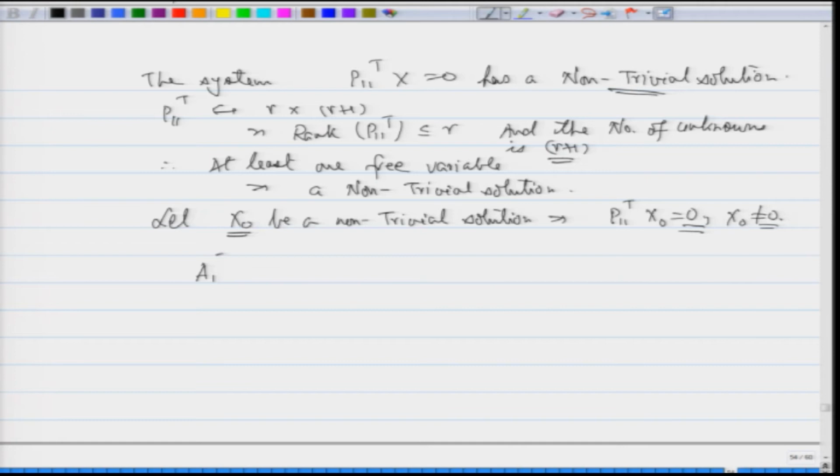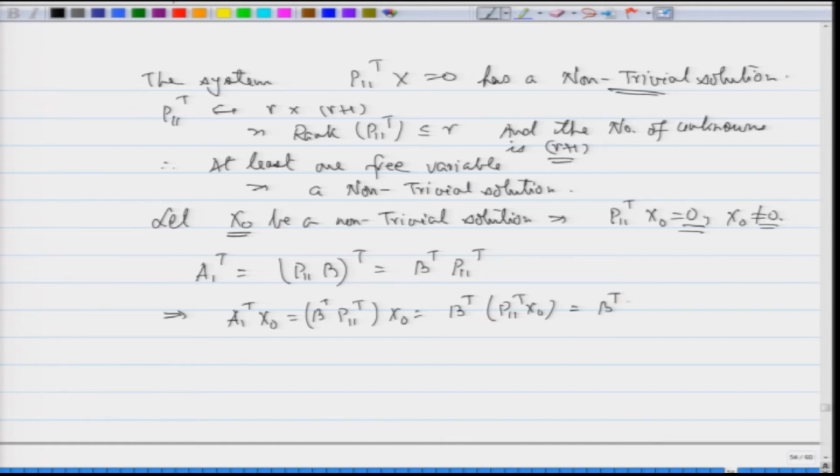A1 transpose is P11B whole transpose, which is B transpose P11 transpose, and therefore, A1 transpose x naught is B transpose P11 transpose x naught, which by associativity is B transpose times 0, which is 0.